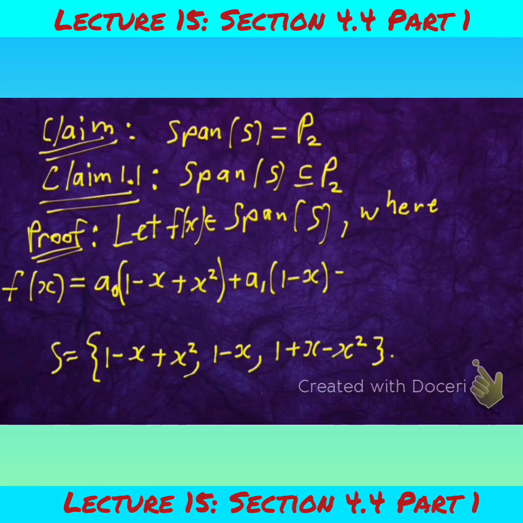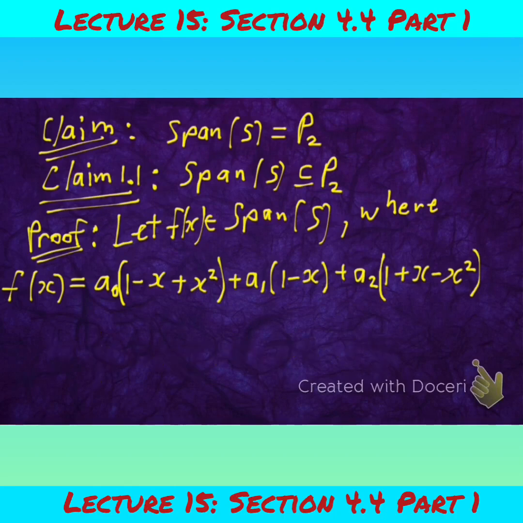That's my second term, and let's take a2 to be that. Place it there. So there we've got f of x. That's what f of x looks like, for some a0, a1, and a2 in the set of real numbers.